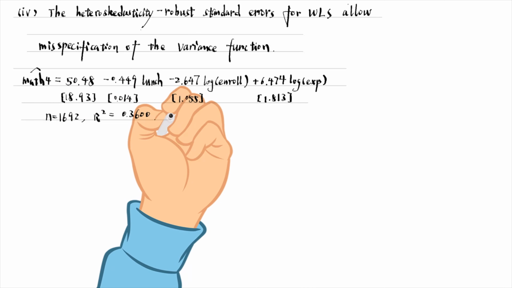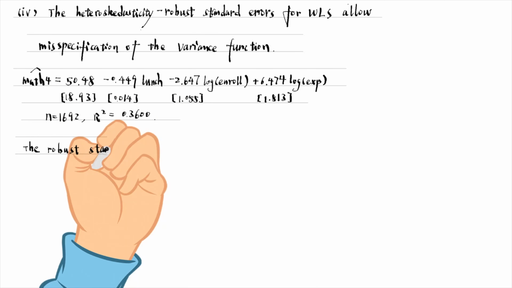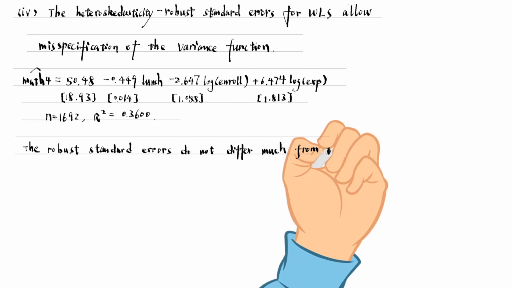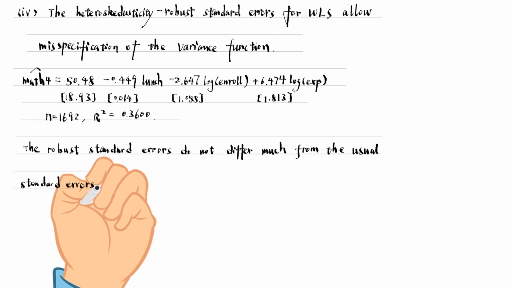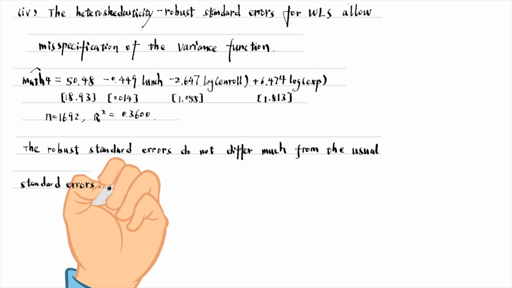The robust weighted least squares standard errors do not differ much from the usual weighted least squares standard errors. The largest change is the standard error for the log enrollment. The larger robust standard error leads to a p-value of 0.012, while it is 0.002 with the usual standard error.